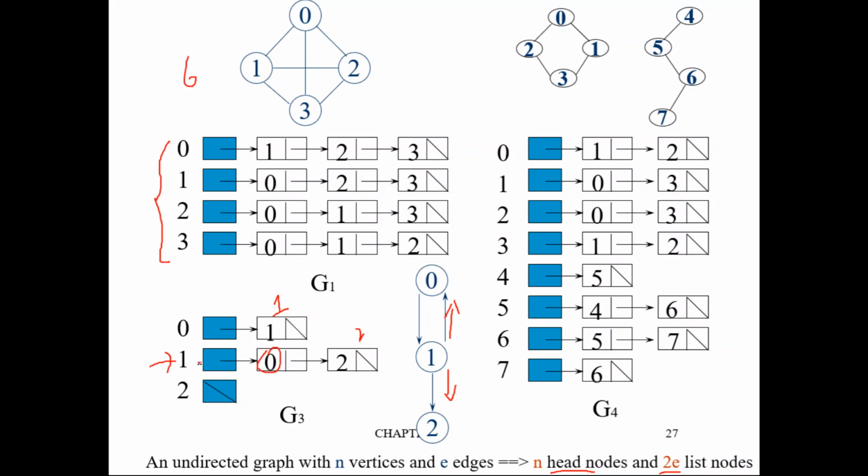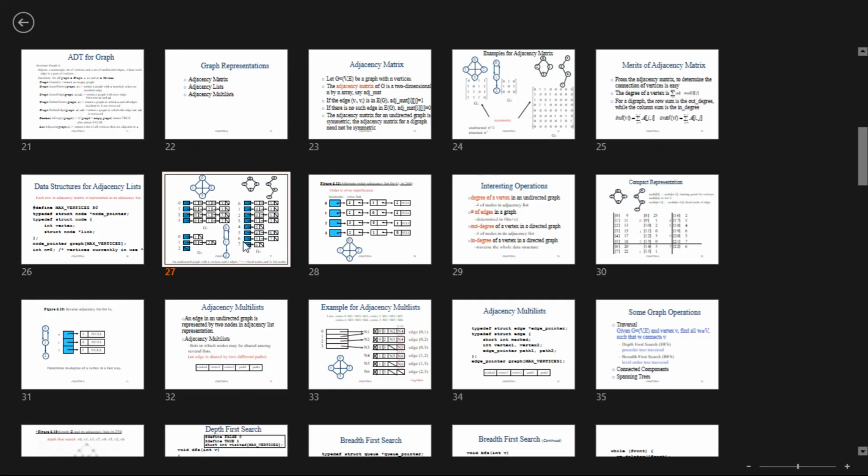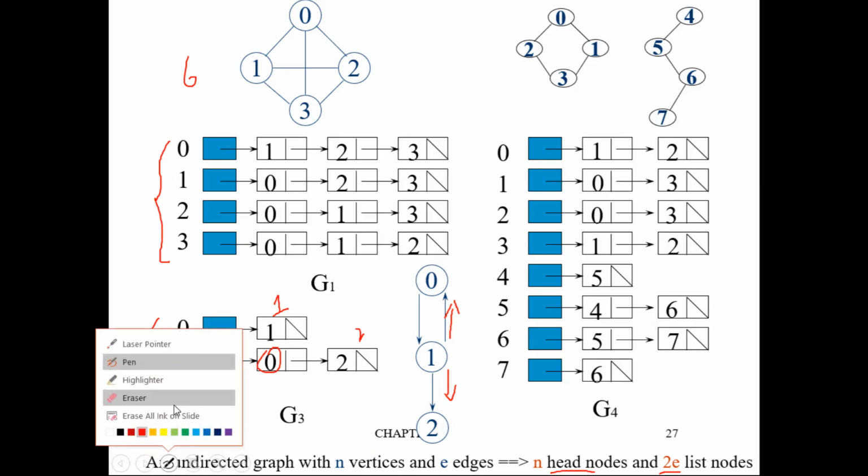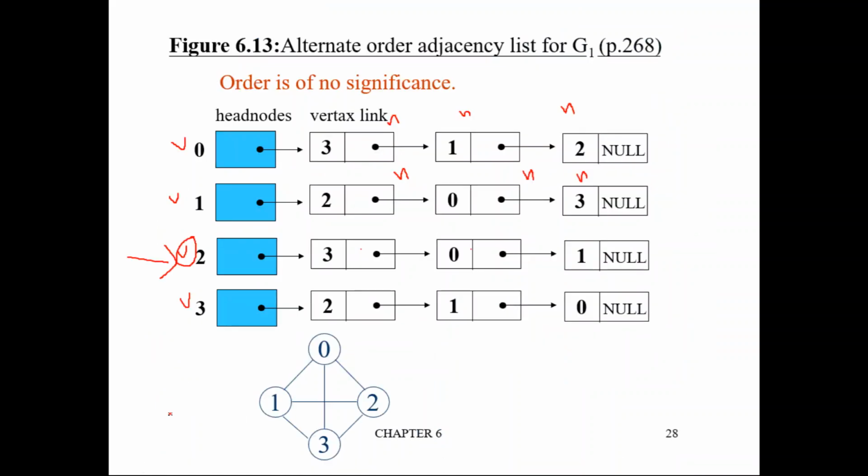But 1 to 2 is not counted. Like that you have to traverse the entire list, all the vertices of the adjacency list. Then only you can find the in-degree. So it is a little complicated.